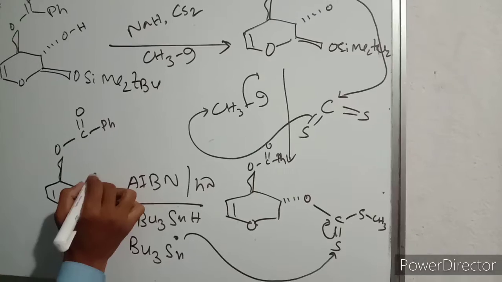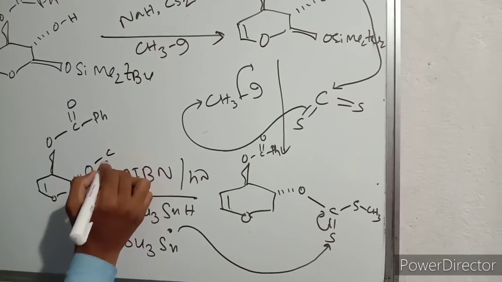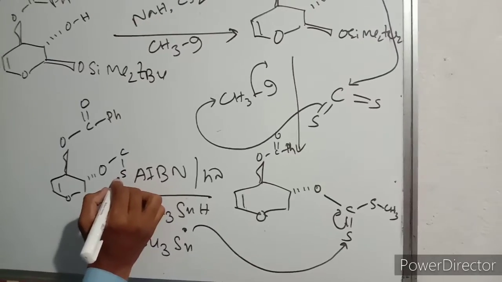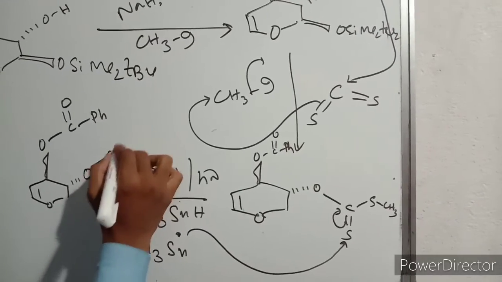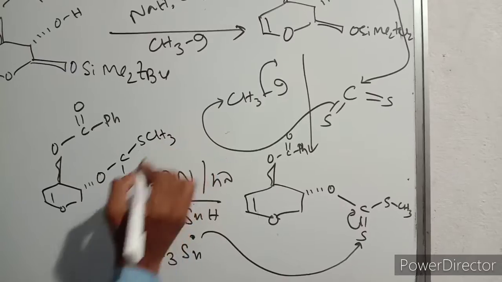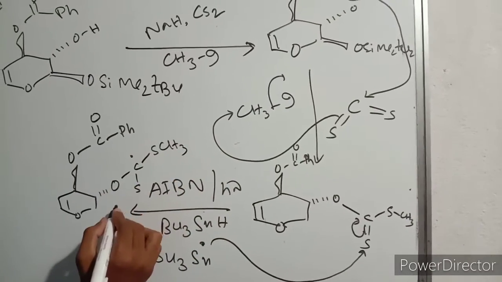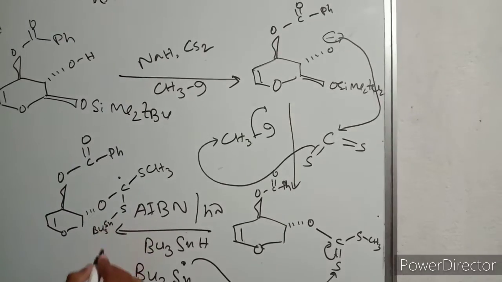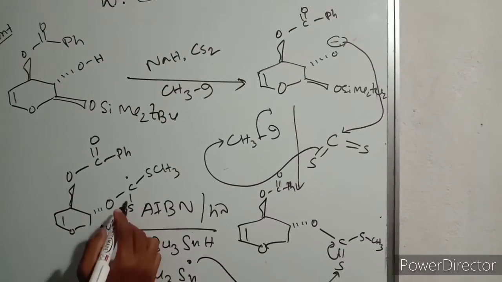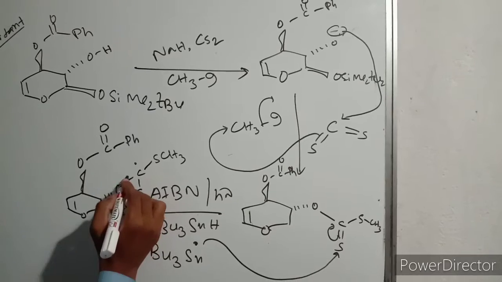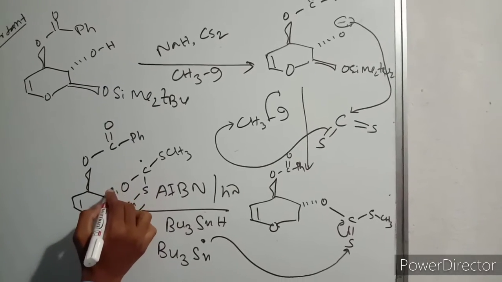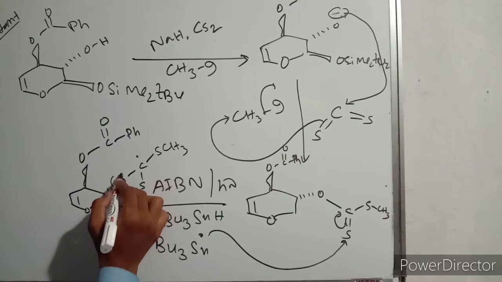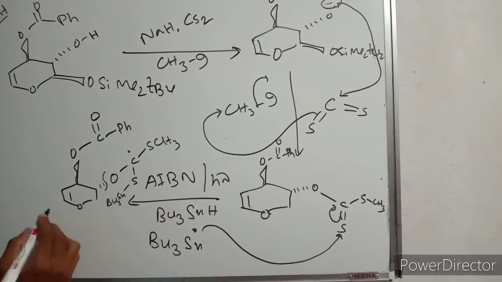We get OCS. And then this bond will break and this bond will get a dot.